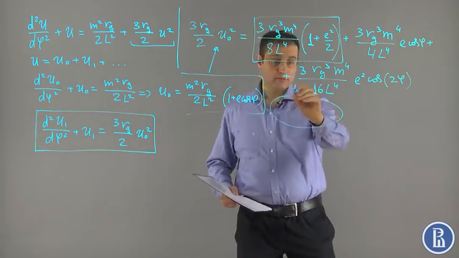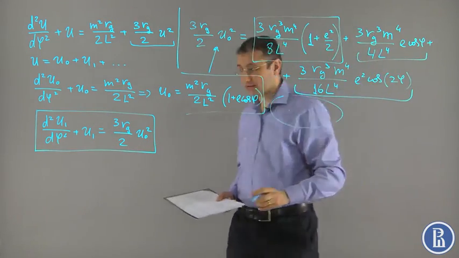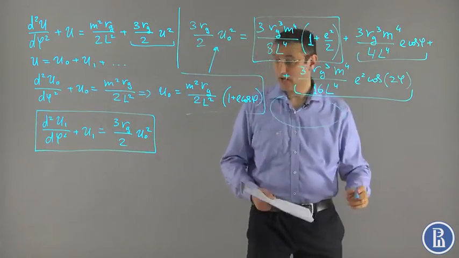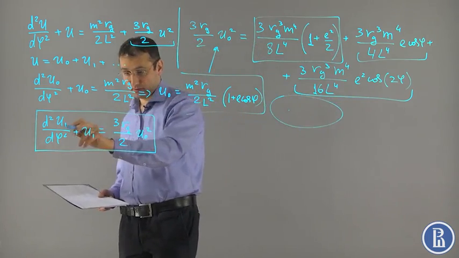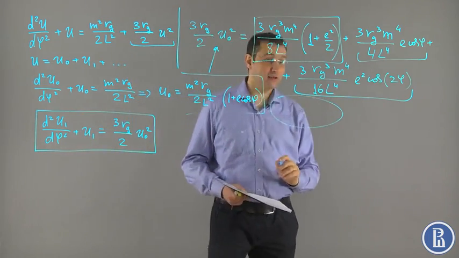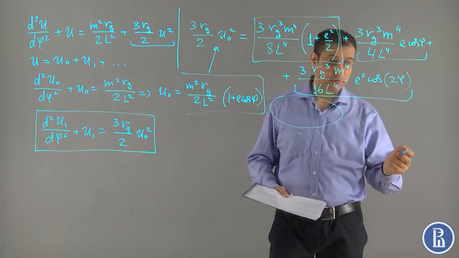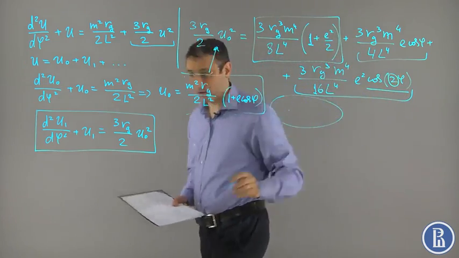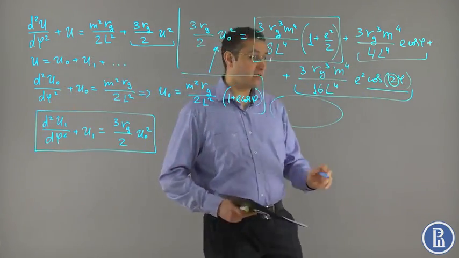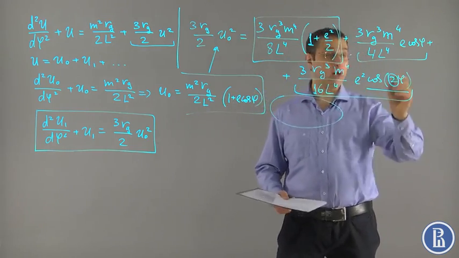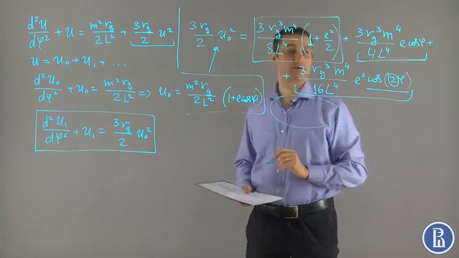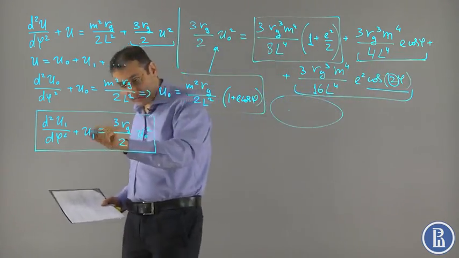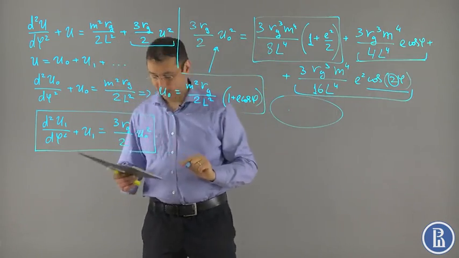Now, this term and this term behave as external forces in this equation, and we want to find the biggest solution of this equation. The biggest is the resonant one due to the external force. But the cosine 2 phi term, due to the mismatch of the frequency between 2 and 1, doesn't lead to the biggest resonance solution, while the cosine phi term does, because the frequency of this force is in exact agreement with the frequency of the oscillator.